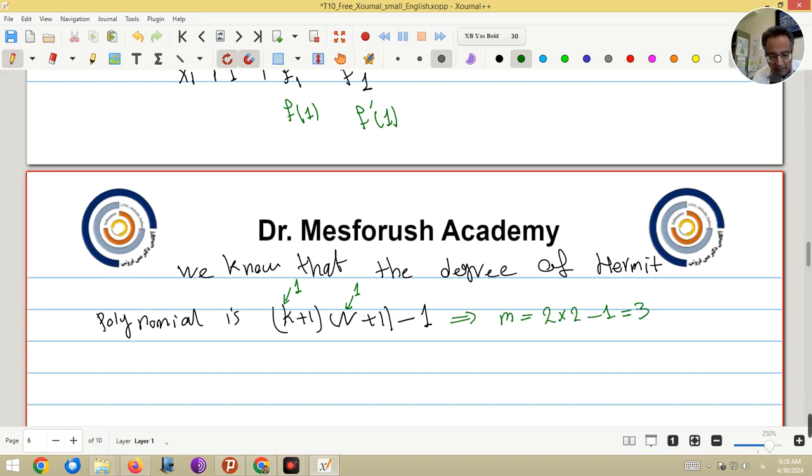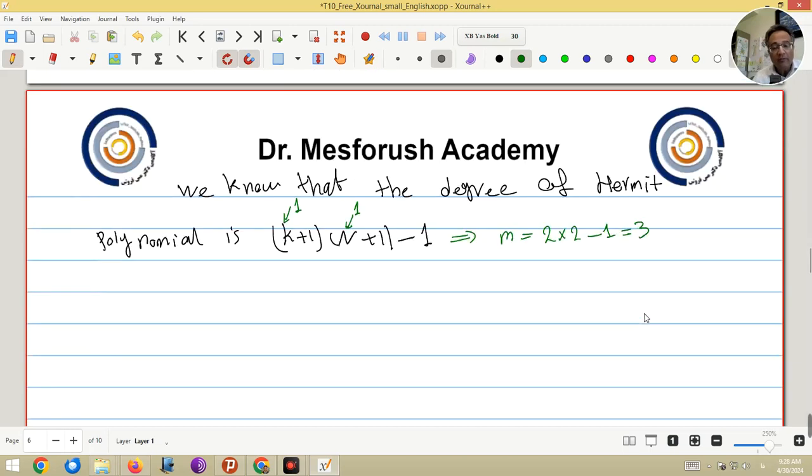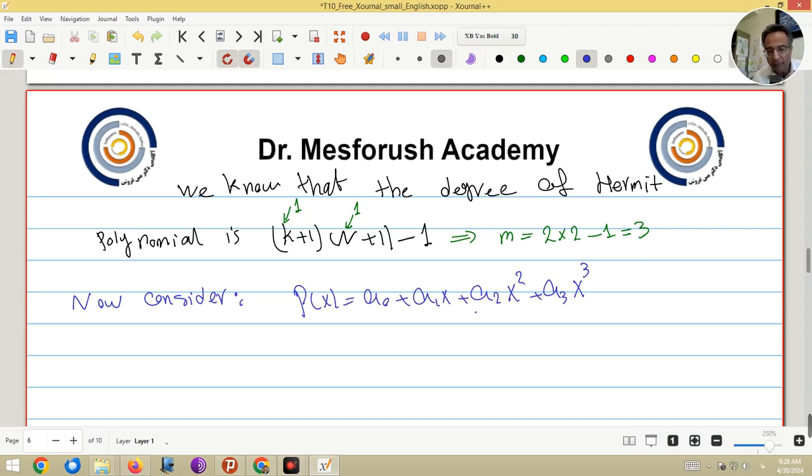So we have a polynomial of degree 3. Now we consider the Hermite polynomial p of x in the form a0 plus a1x plus a2x squared plus a3x cubed.